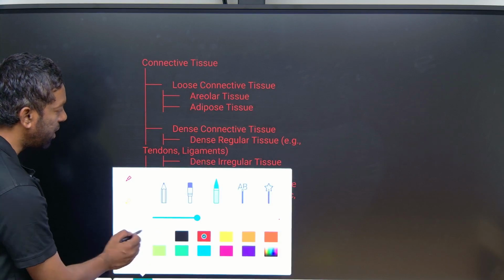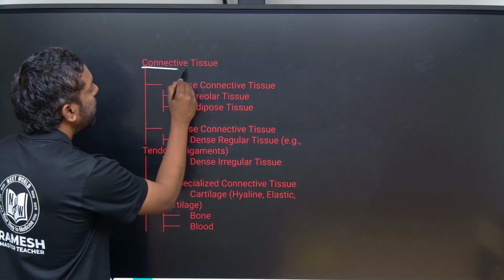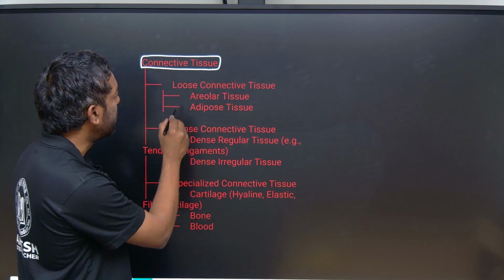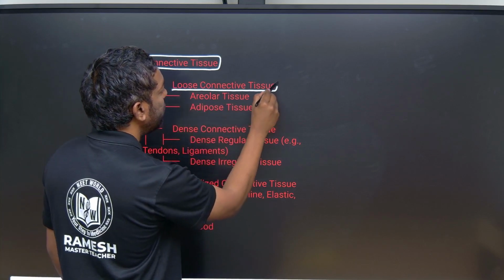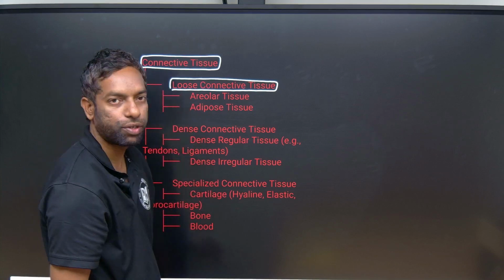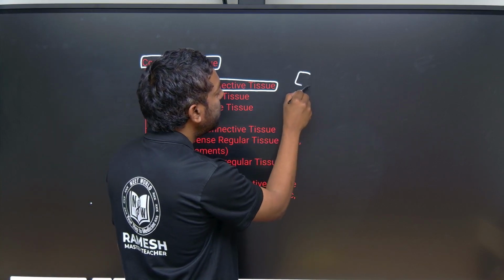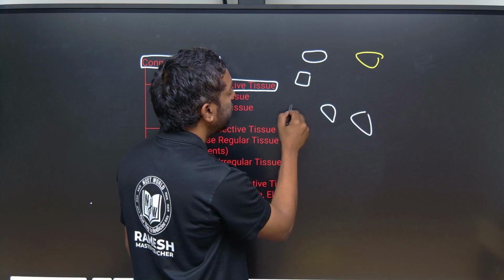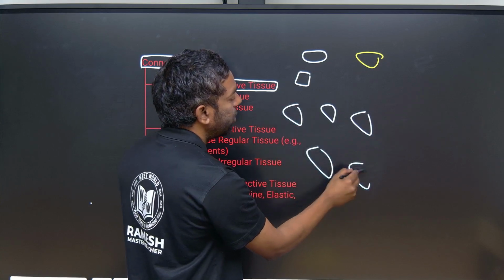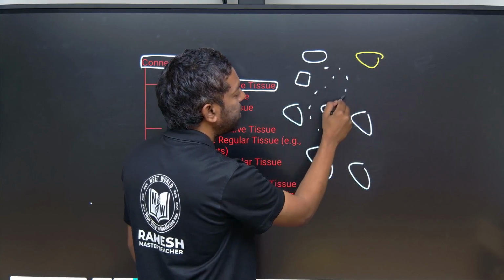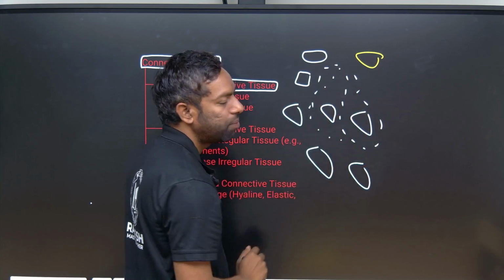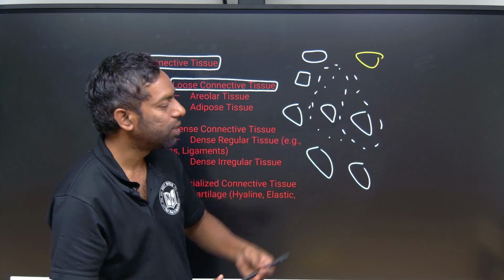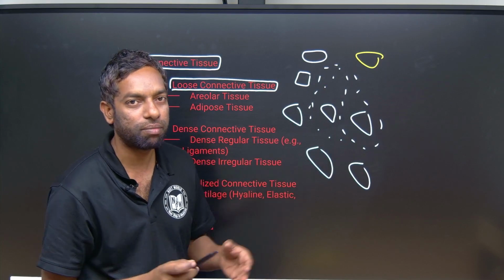Next, types of connective tissue. What are the types of connective tissue? Most important, guys, there is a question from this. Loose connective tissue is a group of cells in the tissue with a huge space between the cells, loosely arranged, a huge matrix between the cells.